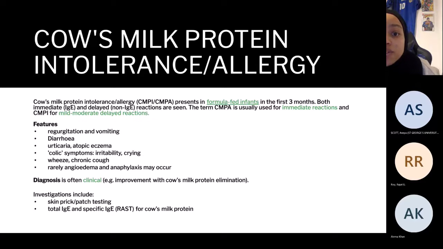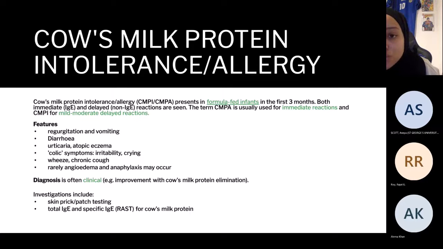With cow's milk protein intolerance or allergy, the main difference is that with intolerance, they have an intolerance to lactose, so they don't have the lactase enzymes and can't break down the lactose in the milk. Whereas an allergy is either an immediate IgE reaction or a delayed IgE response, and the one that they have will determine whether they will have it for the rest of their life, or it will resolve within 5 years.